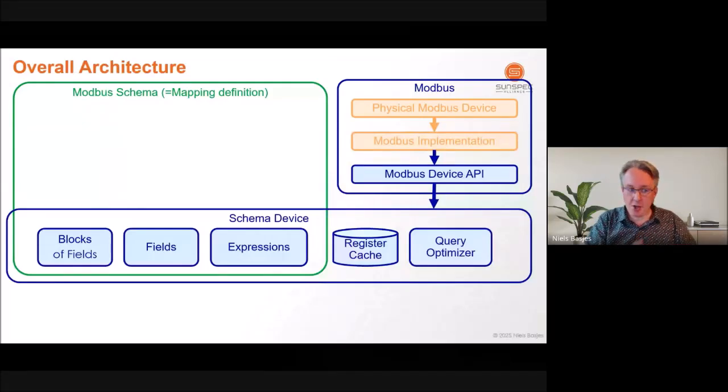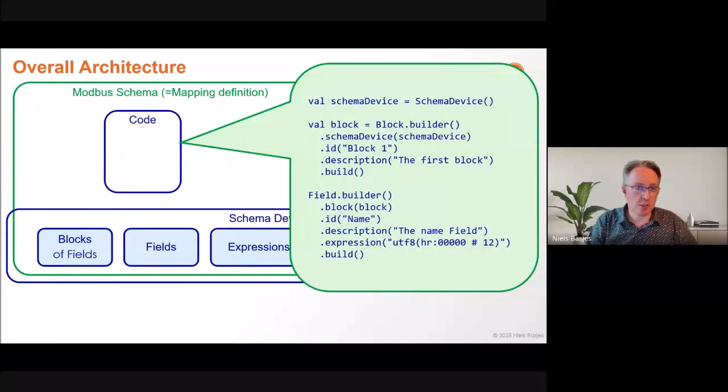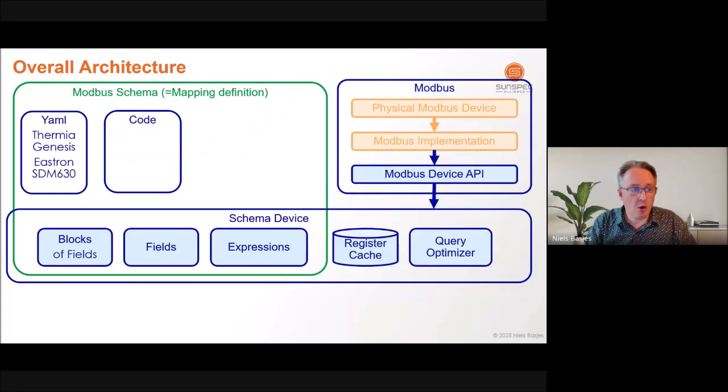And then the question is, how do you create such a schema? Well, you can do some code. You can write some Kotlin code where you say, I'm creating an instance, adding a block, adding a field, and you have something that should work. Or you can put the same thing in a YAML file, which I have done for the other 2 devices that I have.